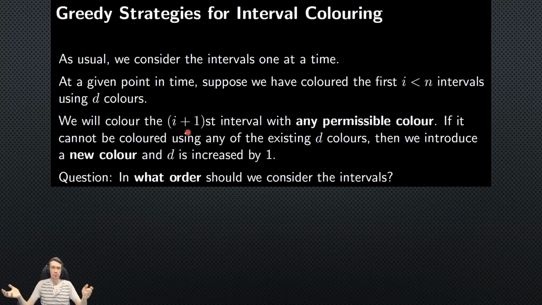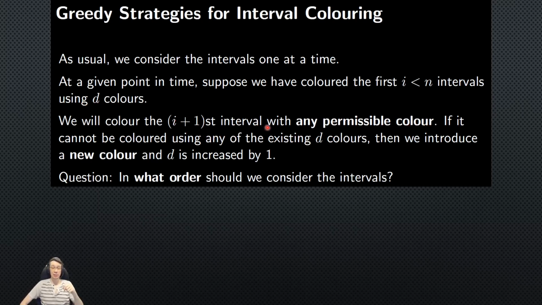What's a permissible color? It's a color that we can assign to the I plus 1th interval without overlapping any other intervals that have the same color. So if we want to color the I plus 1th interval with color C, it better not overlap any other intervals with color C. Now, we'll try to color it with some of the existing colors.